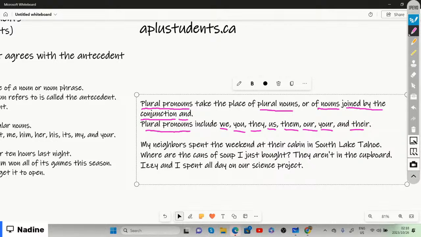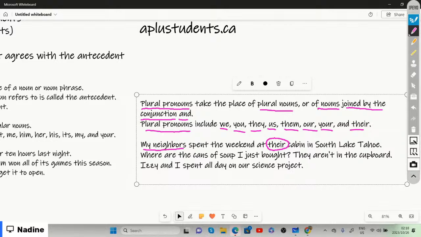All right, so now let's identify the antecedents as well as the pronouns within the sentences of plural pronouns. I'm going to underline the antecedent and circle the plural pronoun.